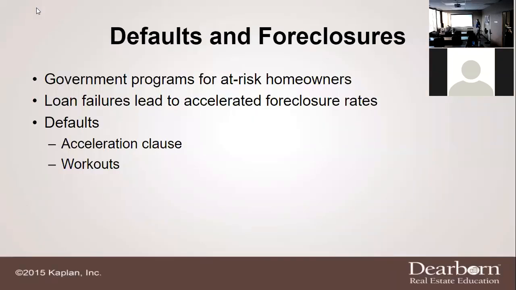Our first thing that we want to look at is basically the government programs for at-risk homeowners, okay? One of the key things when dealing with defaults and foreclosures is that a lot of times an individual will get approved for a loan. They're approved, they met all of the requirements.